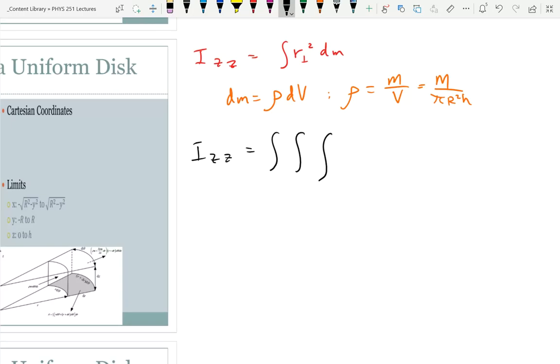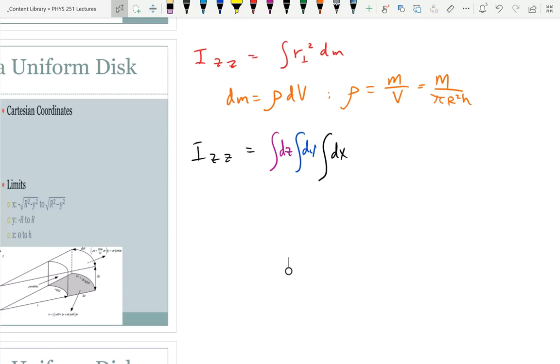Although, remember, this one here is going to be really hard and we're going to scrap it. So I have to have my limits, and I'll put dz, dy, dx for the order. Let me color coordinate these. Okay, so by color, I have them separated.